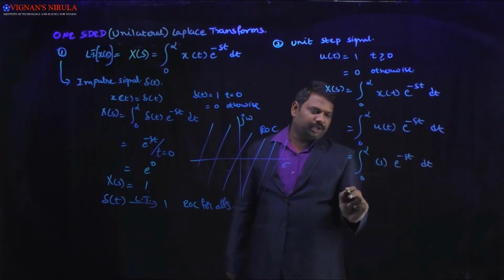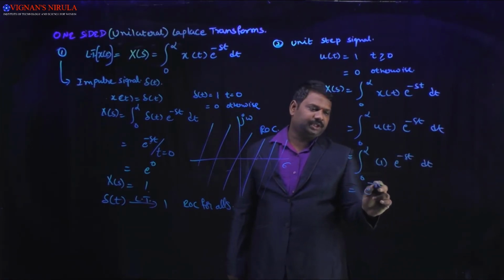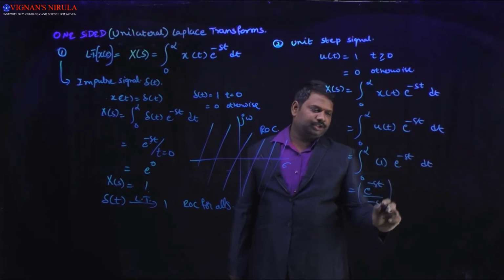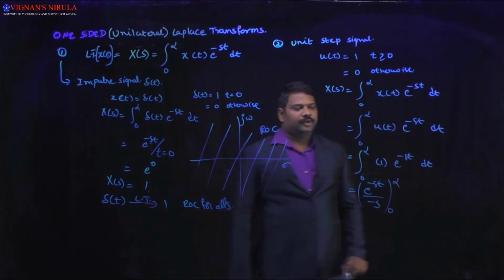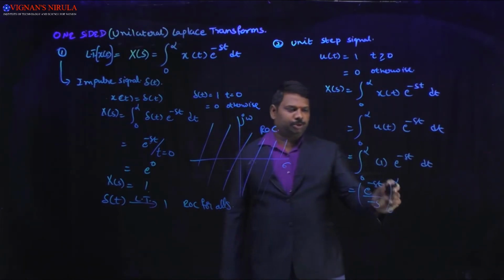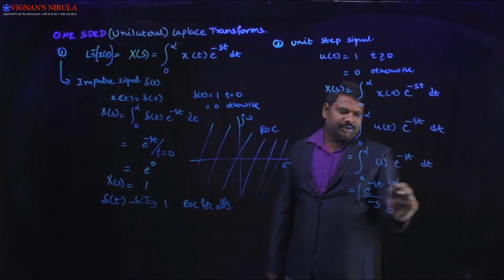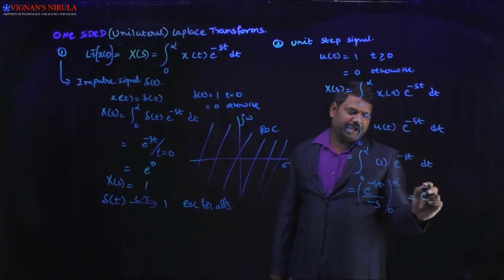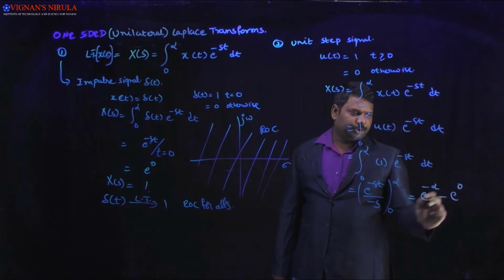When we perform the integration, we get e power minus st by minus s from 0 to infinity. When we put the infinity, e power minus infinity will be present, minus e power 0, by minus s.